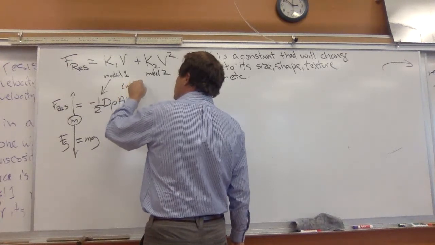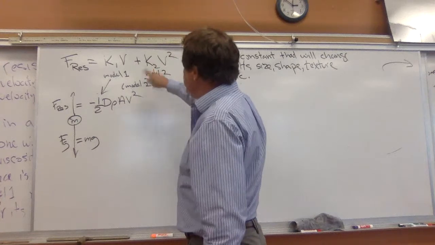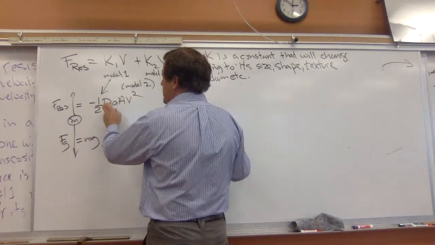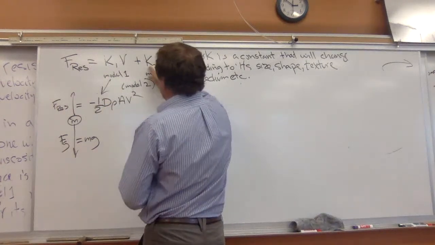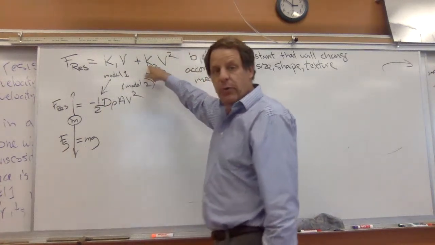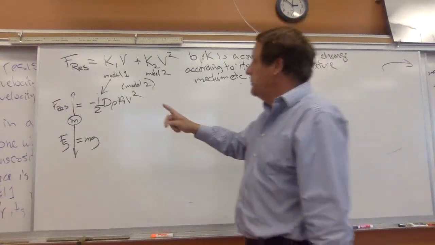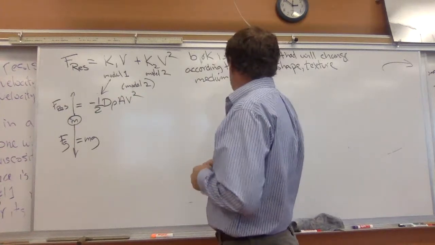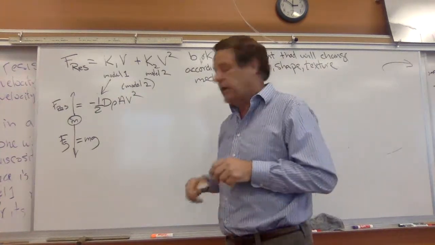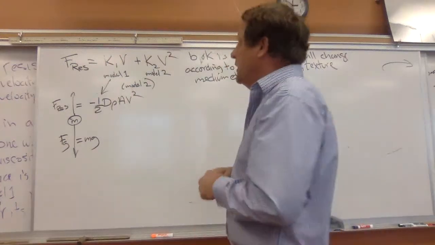Okay, and again, this is Model 2. So essentially, this D rho A is what would go into that K2 value. It's going to be based on the same sorts of things: its geometry, its texture, and the medium that it goes through.